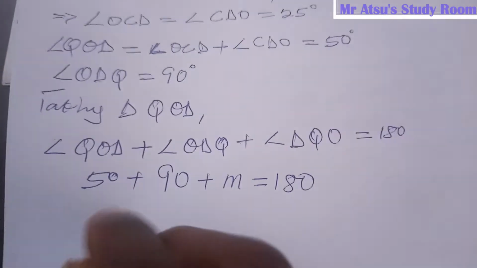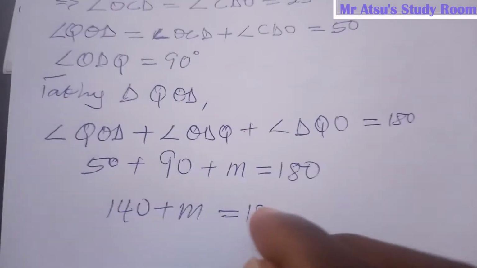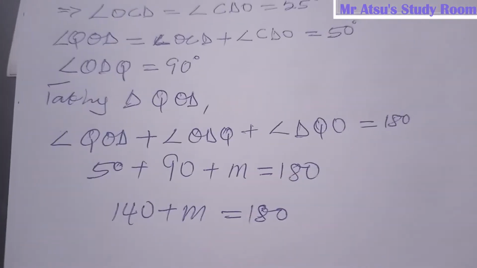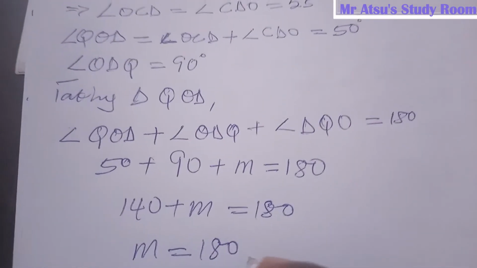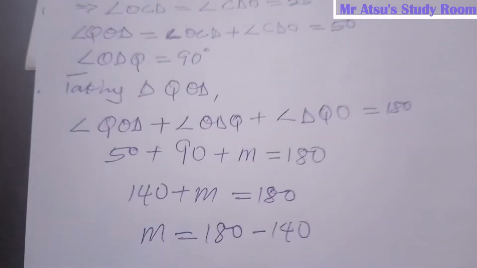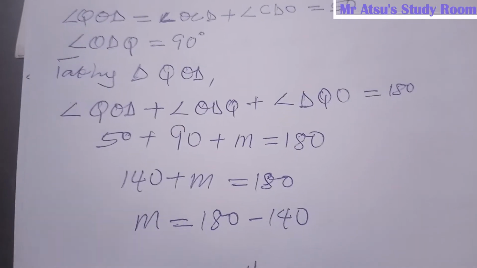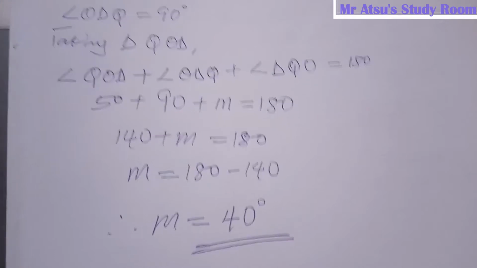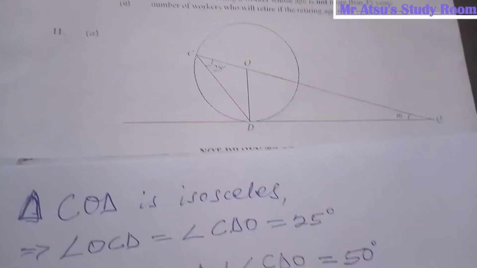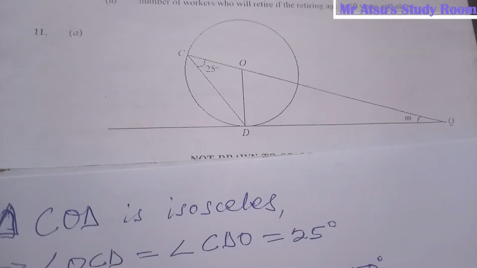That means 140 plus M should give us 180, and our M equals 180 minus 140. Therefore, our M will be equal to 40 degrees. So that is just the answer to our question. Simple as that for this question. Let's go on to the next question.